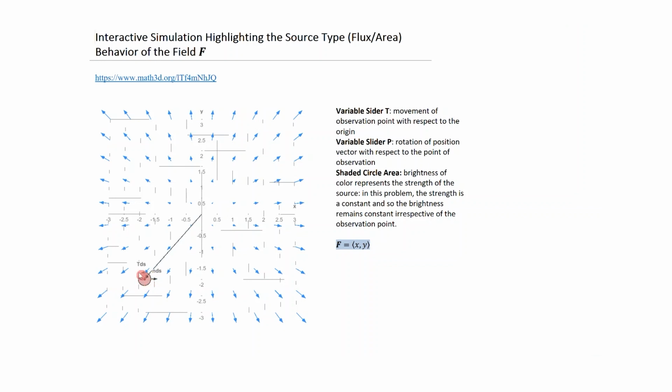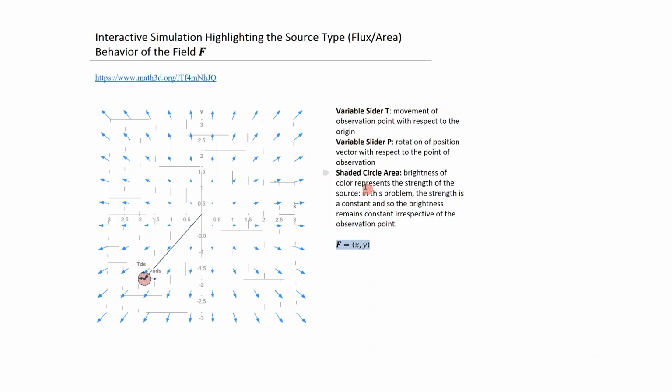It's basically just moving around, and the shaded circle area, which is shown in pink, the brightness of color represents the strength of the source, in this case flux, which is obtained by computing the integral. So if that value becomes larger and larger, then this color will change. If it gets smaller, it will change a different way. But in this case, we said that the flux was independent.